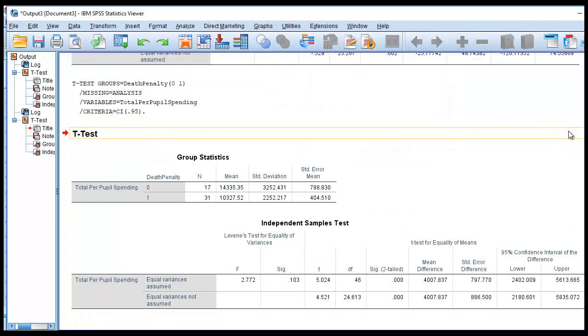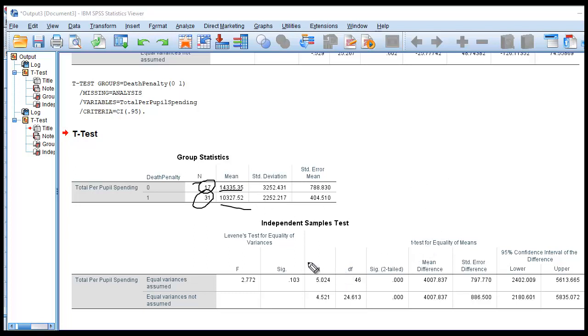Now looking at our output, we can see again we have our sample Ns. This is the non-death penalty N and the death penalty state N. In terms of the means, the mean for total per pupil spending was actually greater among the non-death penalty states as opposed to the death penalty states.